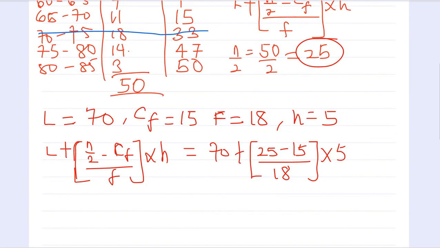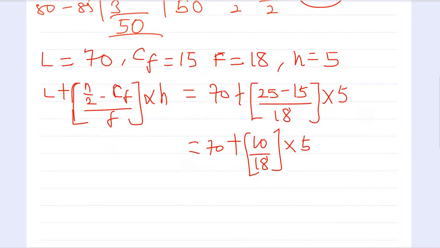So this gives 70 plus 25 minus 15 is 10 over 18, then multiply by 5. That gives us 70 plus 50 over 18.